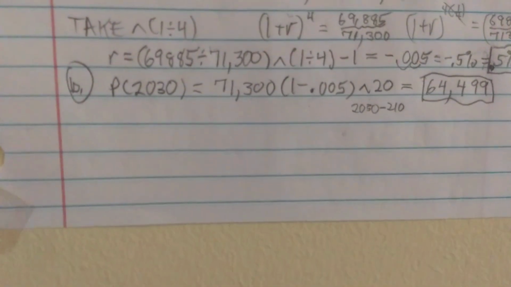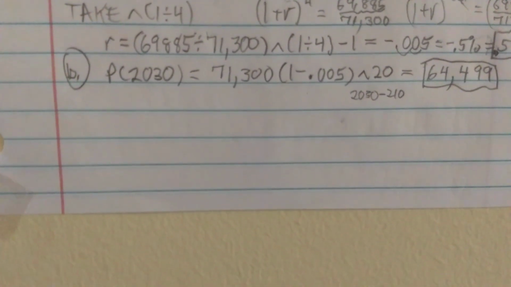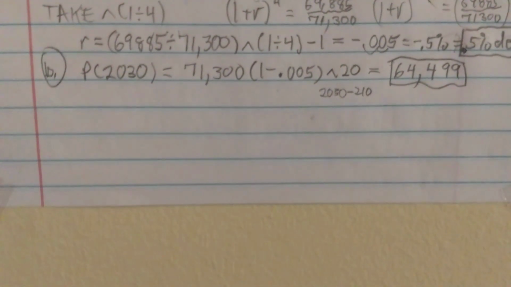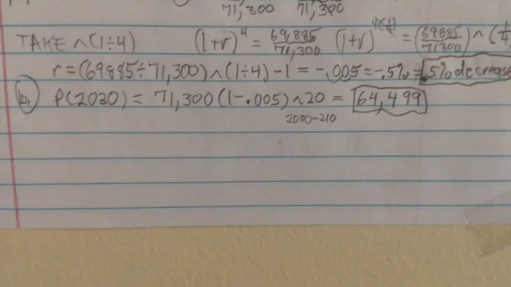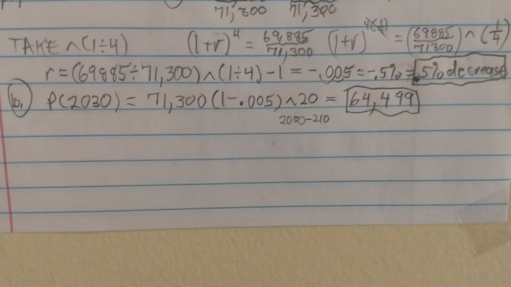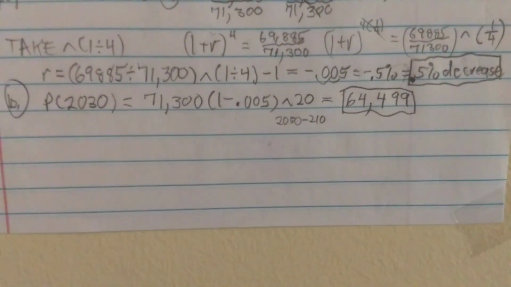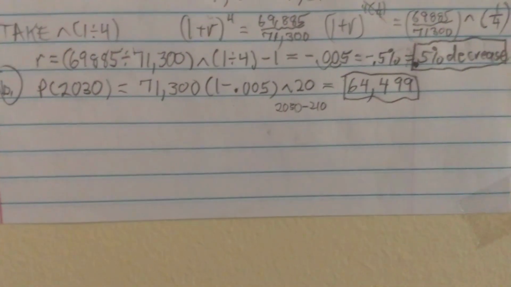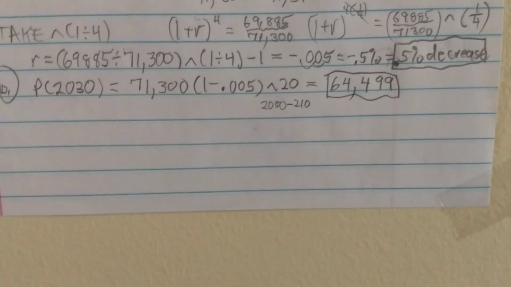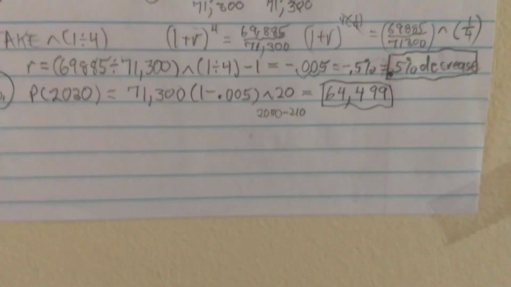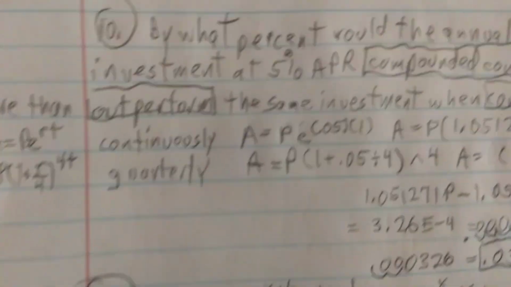Now wanting to know what it is in 2030 is 20 years after the 2010 initial amount, which is the 71,300. So now we know that we're declining by 0.5%. So we just put it in as 1 minus 0.005 to the power 20, as shown, and that gives us 64,499 to the nearest whole number.